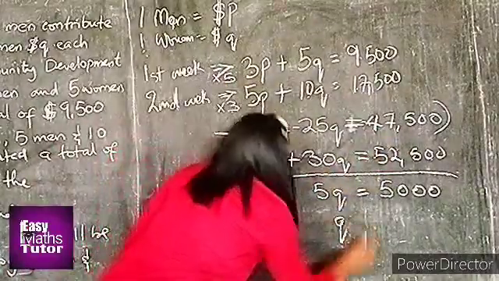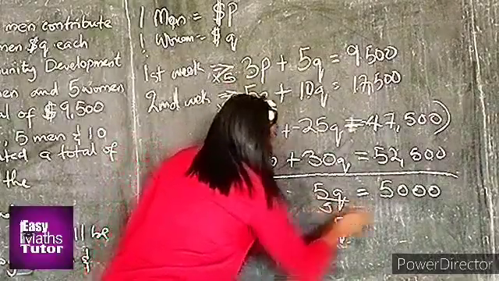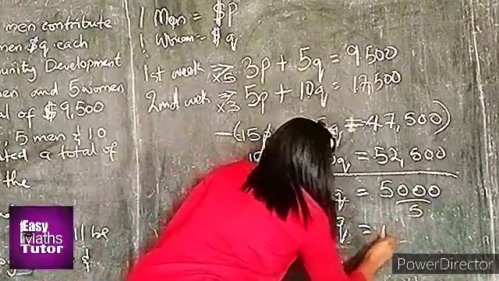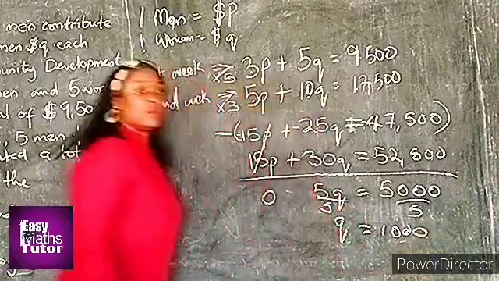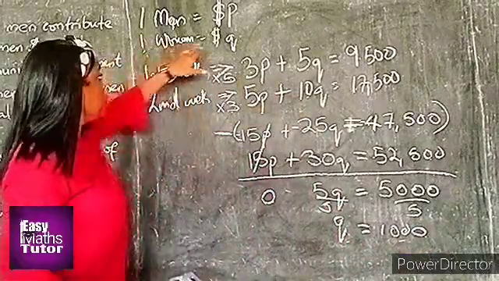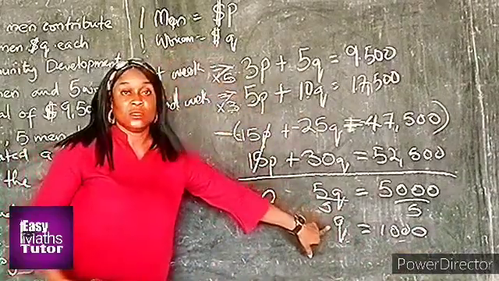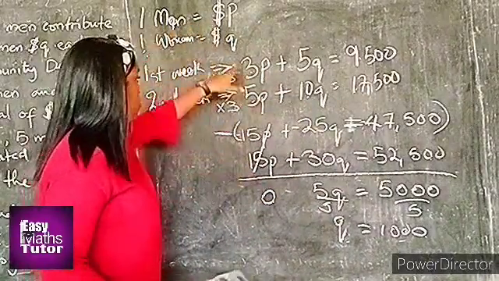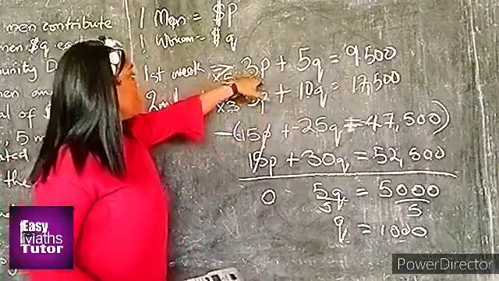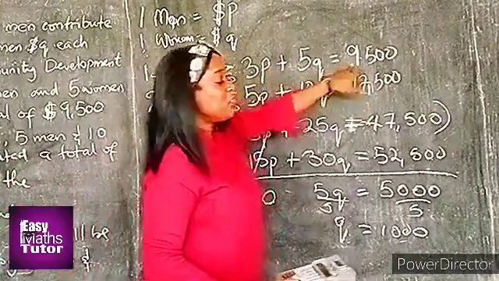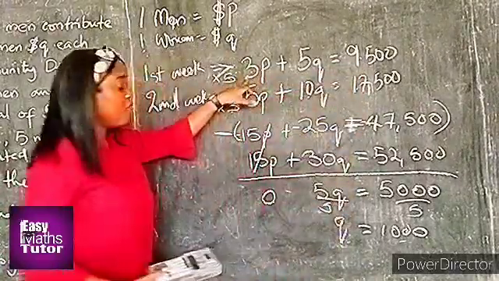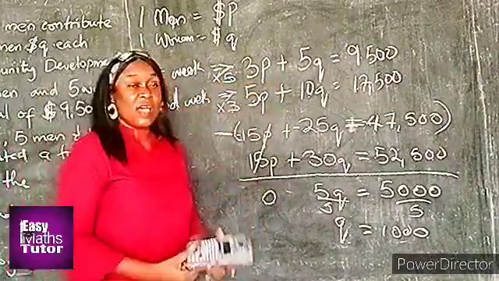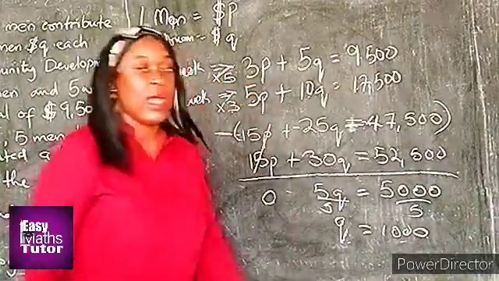So for the value of Q, we divide both sides by 5, giving us 1,000. That means each woman paid $1,000. So what will be the value of P? You can run to any of these equations and substitute the value of Q to get our value for P.